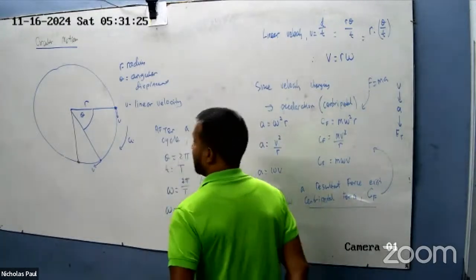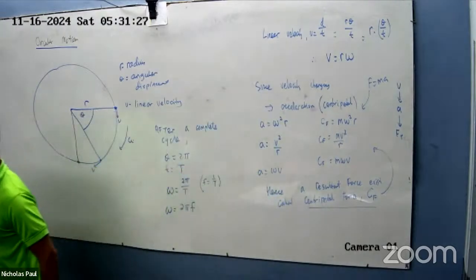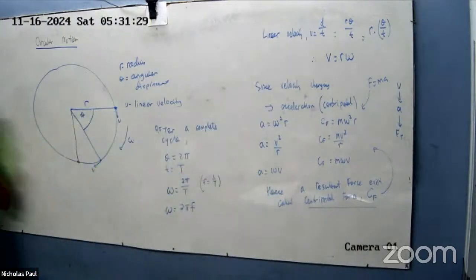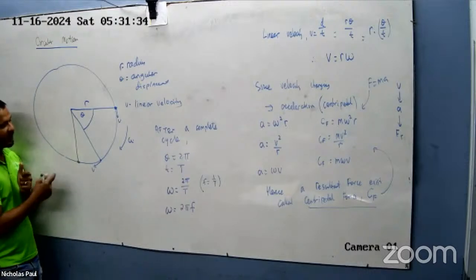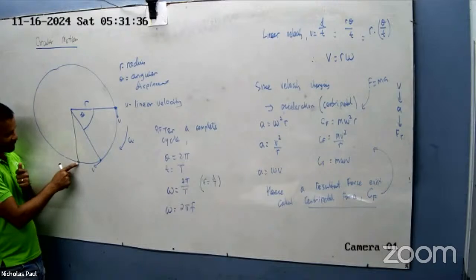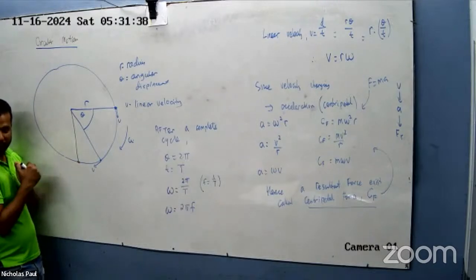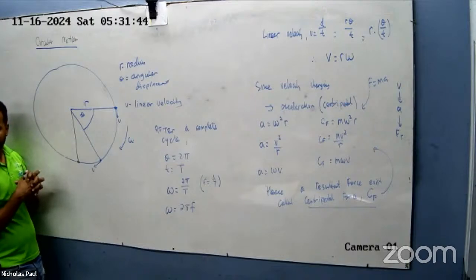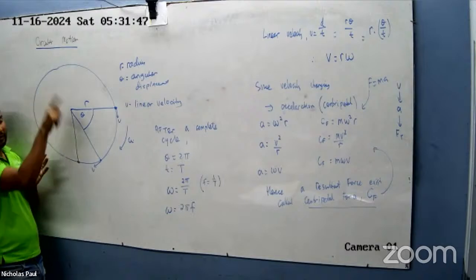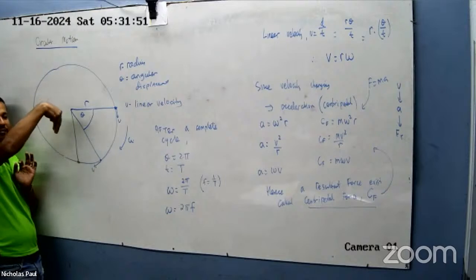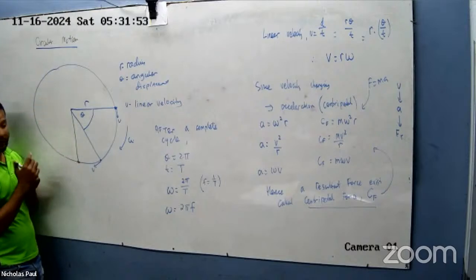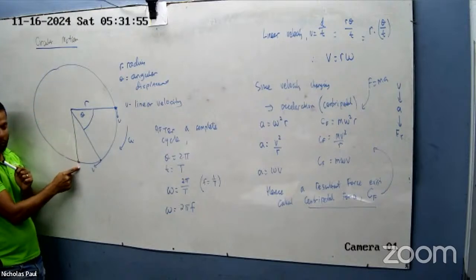All right, ready? So here's what I want you to do, or somebody could tell me, right? Pete, can you tell me the forces acting on this object? It's a vertical circle with the string acting vertically, and it has a string holding the ball.